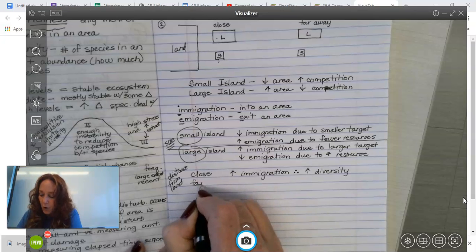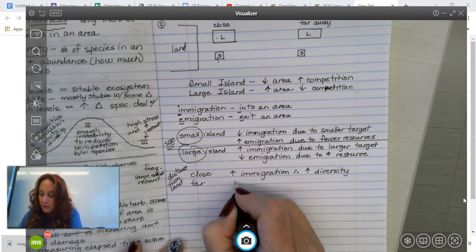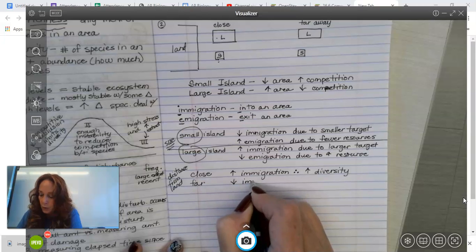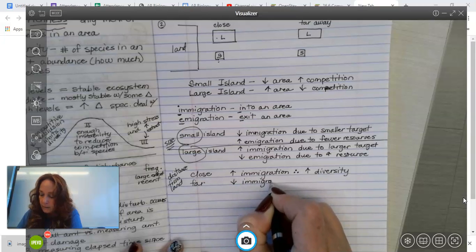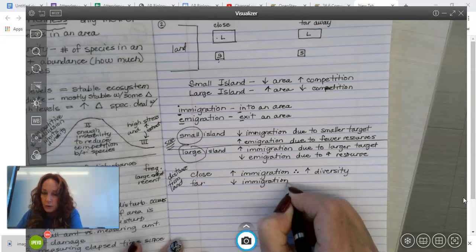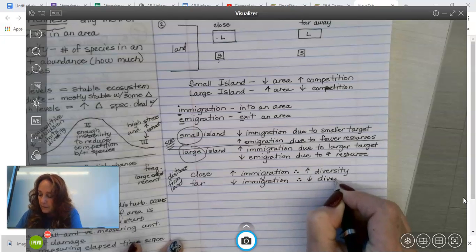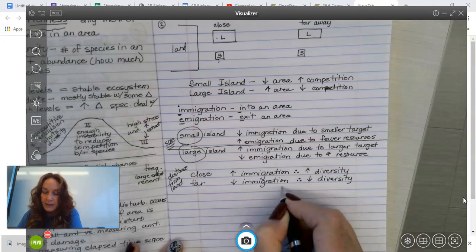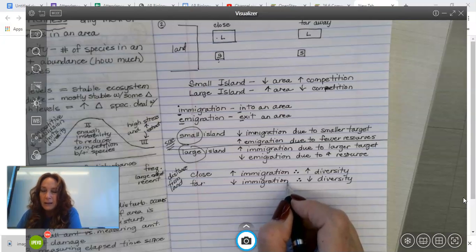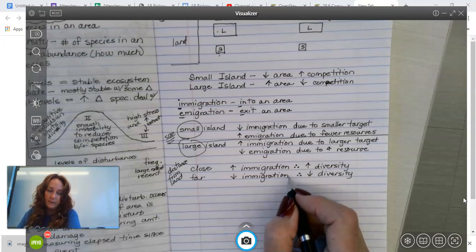When it's far, you're going to have a tougher time, so your immigration will be more difficult, and you would have fewer species. So more than likely the ones that did get there, if the resources in the space were suitable for them, are going to be high in number, a high abundance of them.